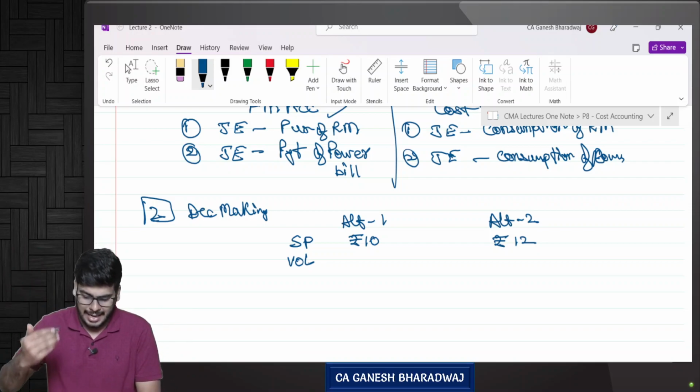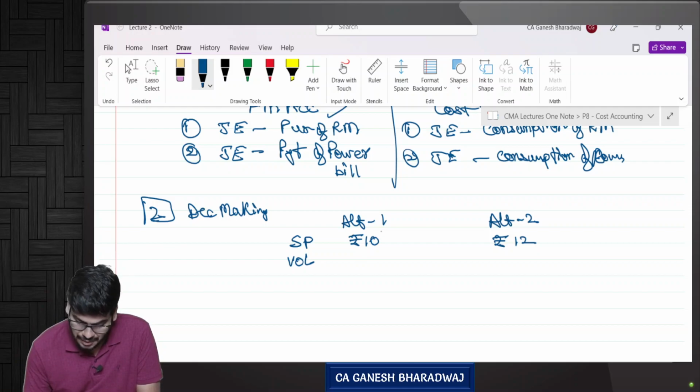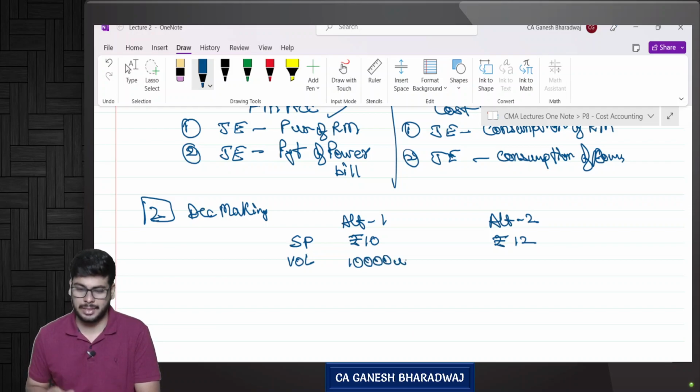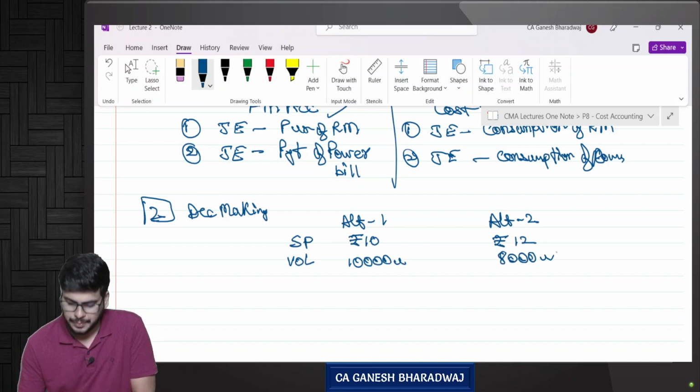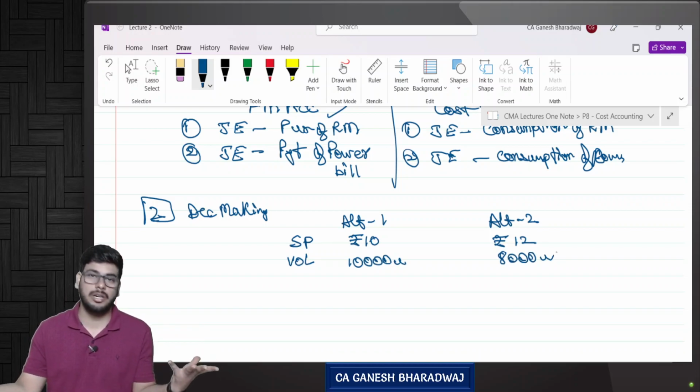Now let's say another fact is also given. If I fix the price at 10 rupees per unit, I will be able to sell 10,000 units. And if I fix the selling price at 12 rupees per unit, let us say I will be able to sell only 8,000 units. Now these are multiple alternatives.